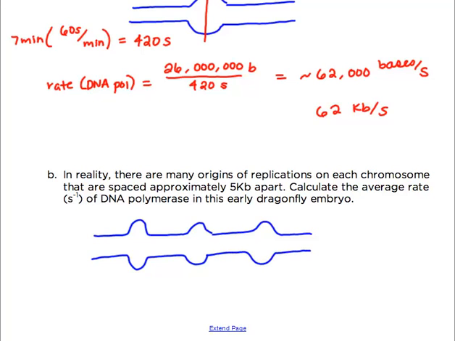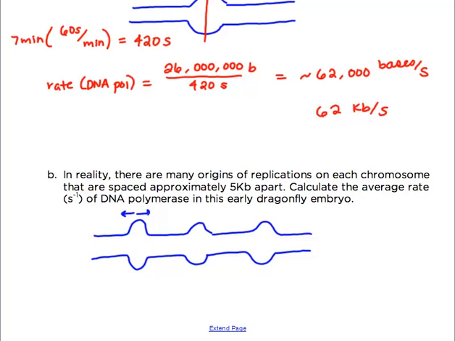Okay, so again, we're going to assume that replication occurs during this entire 7-minute cycle, and we're also going to assume that each origin replicates in a bidirectional way. So again, they would go to the left and to the right, starting from each origin.